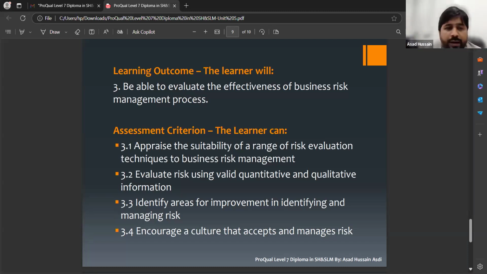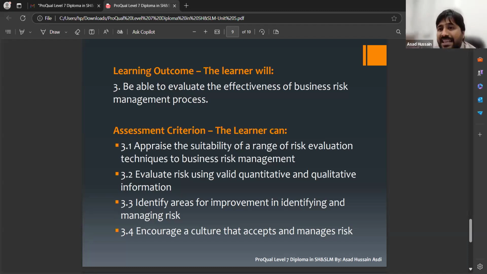So in 3.1, appraise the suitability of a range of risk evaluation techniques to business risk management. Here, if you want to evaluate something, definitely you should have some good knowledge of that. Once you are evaluating something, you can't manage it generally.